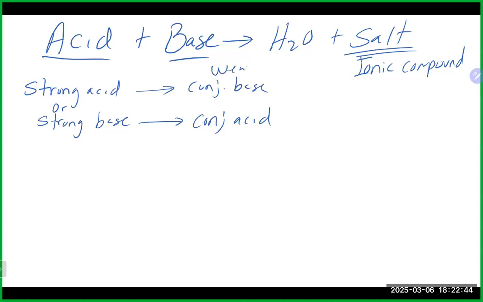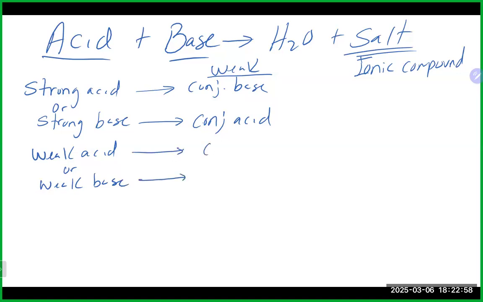It is actually a relatively weak conjugate acid or conjugate base. If I started with a weak acid or a weak base, their partners, the conjugate base and the conjugate acid, are going to be relatively strong. So remember, the sort of opposite relationship.